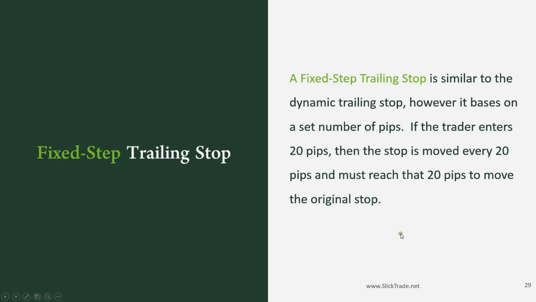Now, if you are a Slick Trade Sapphire member, then you have an expert advisor called the Trailing Stop, which has more advanced features. And all of our expert advisors have that lock profit feature, which you can turn on. So when a position goes into your favor, it's using kind of an in-between of a fixed step trailing stop and a dynamic one.